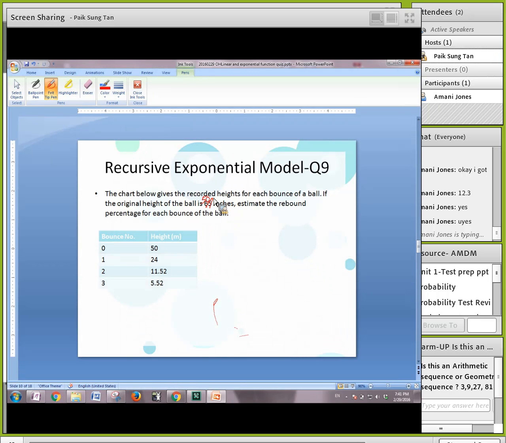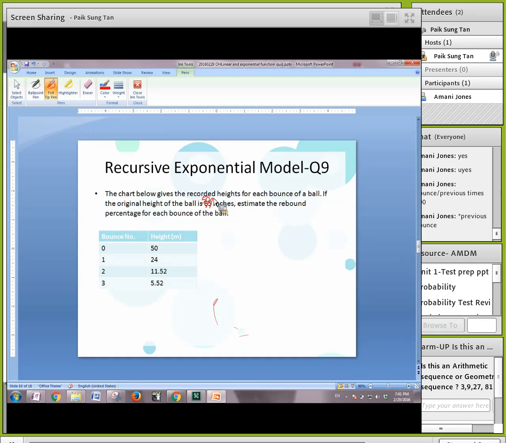You want to explain it, or you can just tell me the answer? Yeah, current height divided by previous height times 100.